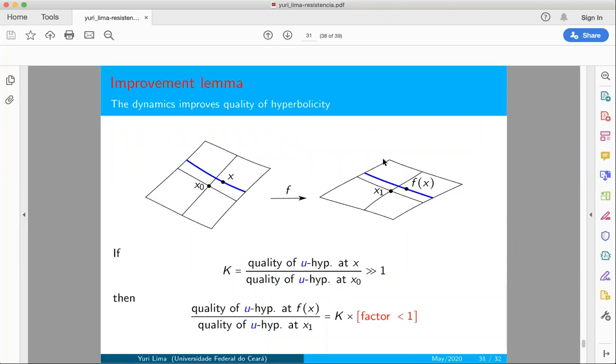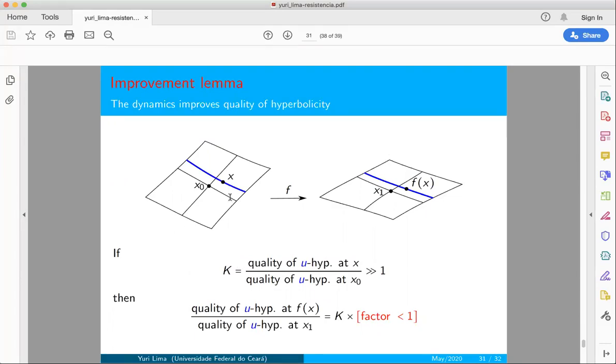And as we expect in hyperbolicity, unstable manifold gets stretched under forward iterations. If you stretch, it means that you are in some sense smoothing out the possible variations inside this unstable manifold. And the improvement lemma exactly quantifies this possible variation.